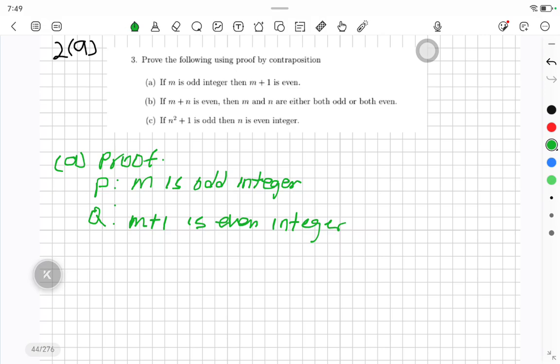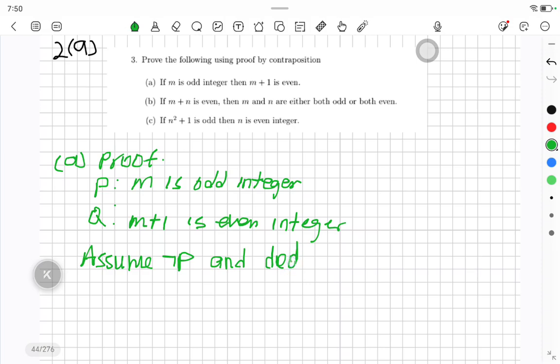You see, right? Then after writing this, since this is contrapositive, we are going to assume the negation of this.